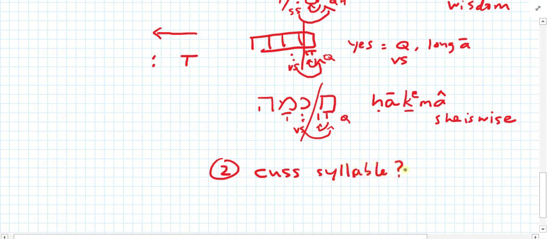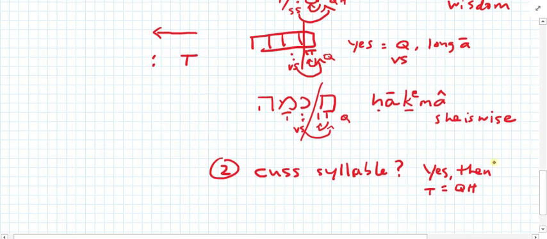Okay, is the qames symbol or the qames-hatup in a qas syllable? If the answer is yes, then the qames symbol is a qames-hatup. If it's not, then it is a qames, pure and simple.